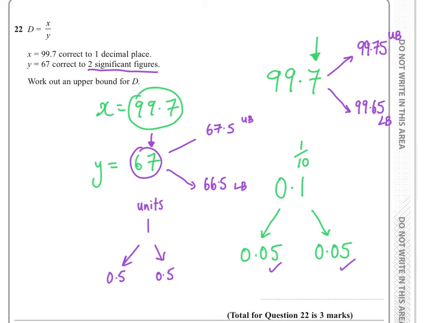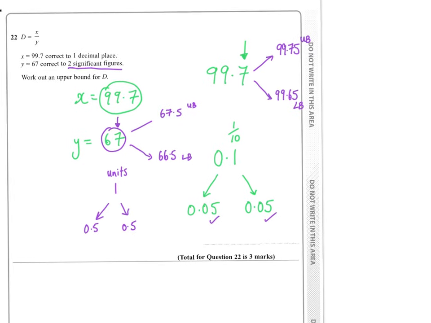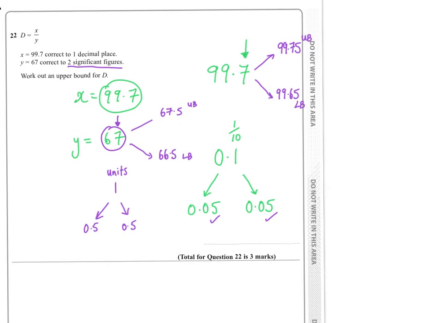So that leaves us with the question now, what's the upper bound for d? Well, we know that d equals x divided by y, and it says we want the upper bound for d, i.e. we want d to be its most. Now I like thinking of this as cakes and people.